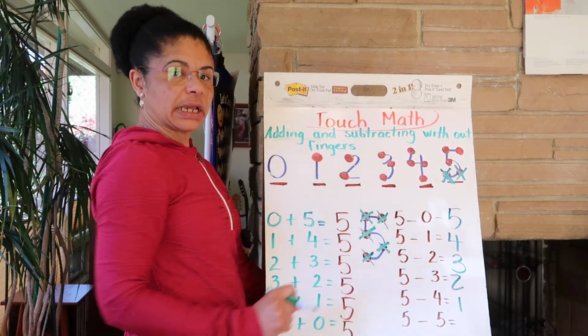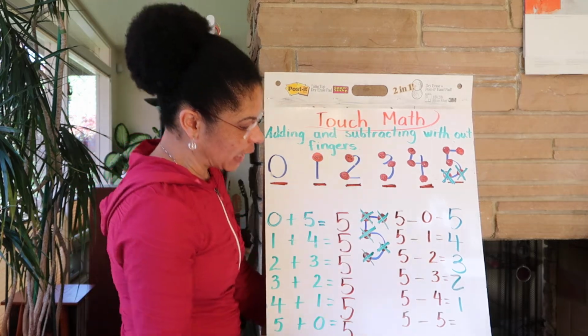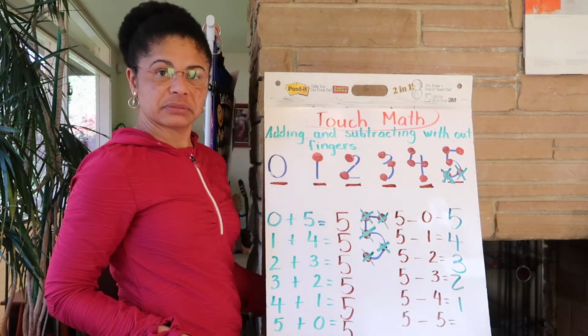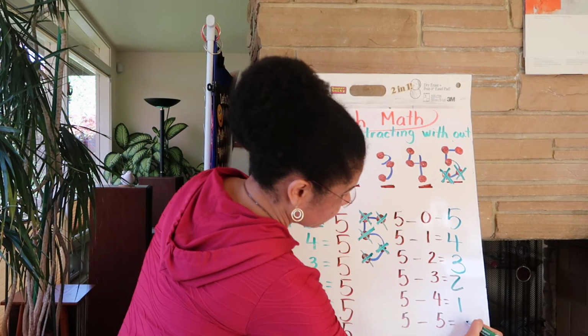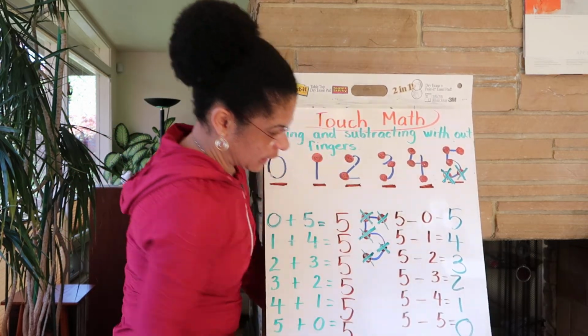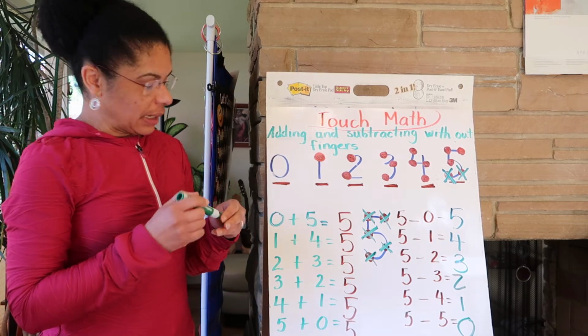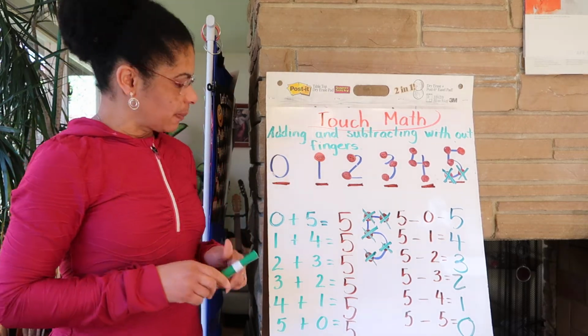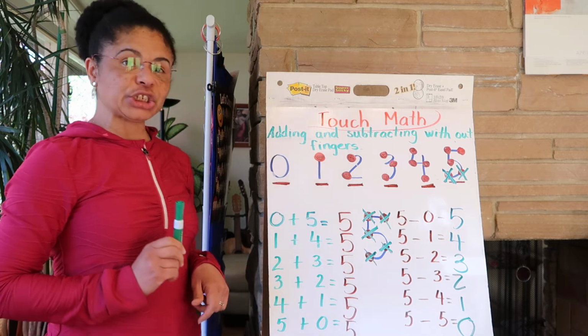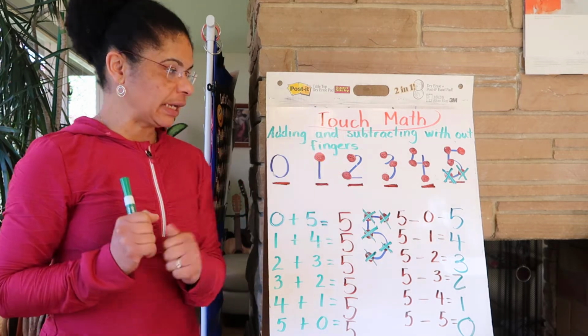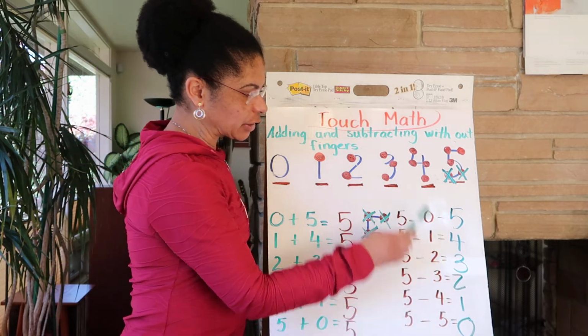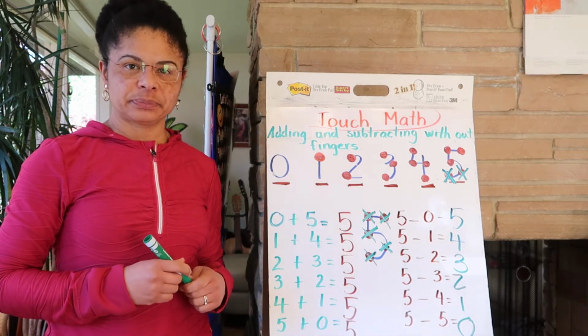If I have 5 and I subtract 5, what do I have left? That's right, 0. And now I have completed my addition within 5 from 0 to 5 and my subtraction within 5.